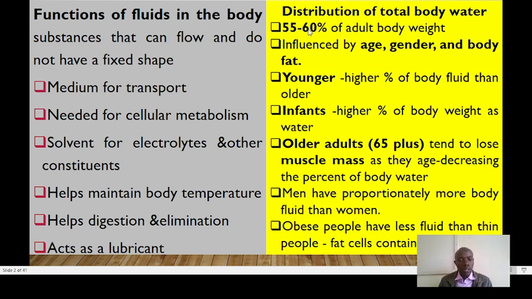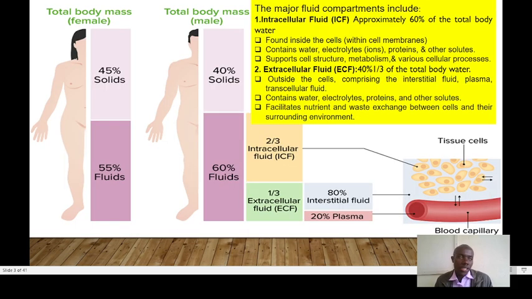I think we have already said that it is because they have more muscle mass. And if you compare in terms of body composition, especially body fat, you find that obese people have less fluid than thin people. Fat cells normally contain very little water. So it could be 60% for the males or 55% for the females.